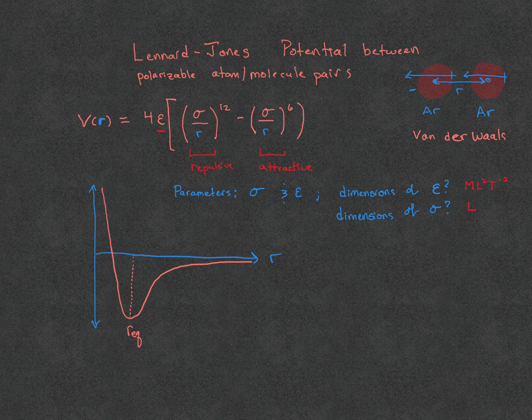Once you appreciate the dimensionality of sigma and epsilon, you can realize that they relate to features of the system that they model. In particular, sigma, because it's a length parameter, is related to what we call the van der Waals radius of the system.